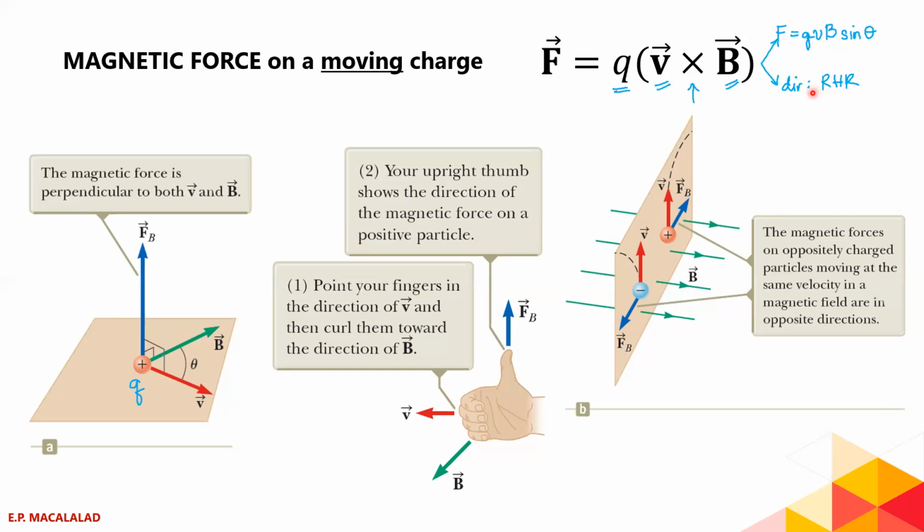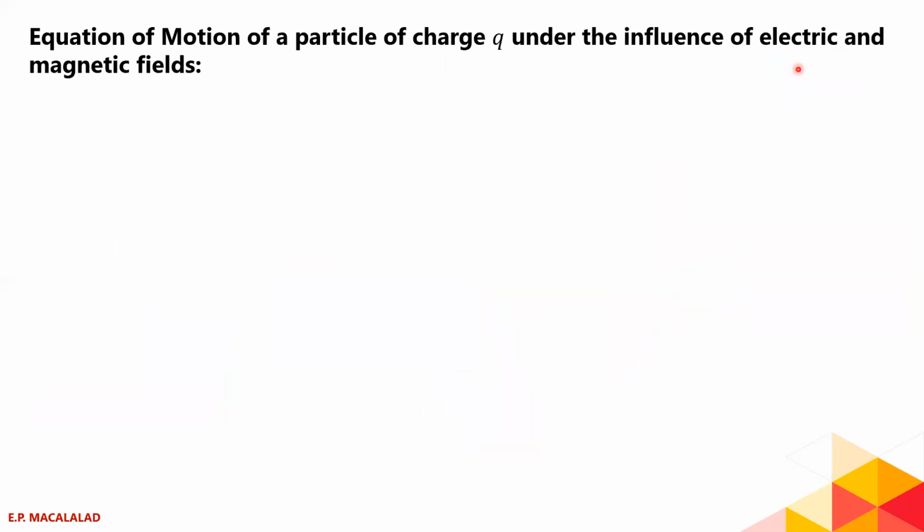Now, if we look at the equation of motion of a particle under the influence of electric and magnetic fields, the equation of motion is generally given by Newton's second law of motion, F equals ma.